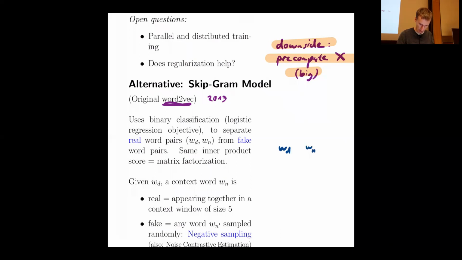We just build the inner products of the word vector with its context vector. This has a few entries, and of course the same for the word vector. So here's the word, and here's the context word.